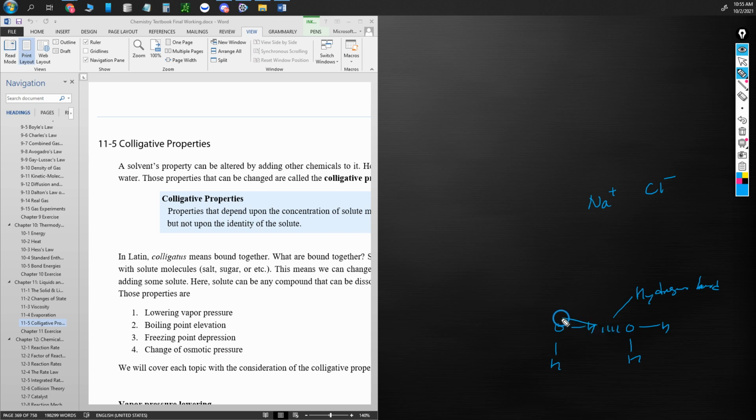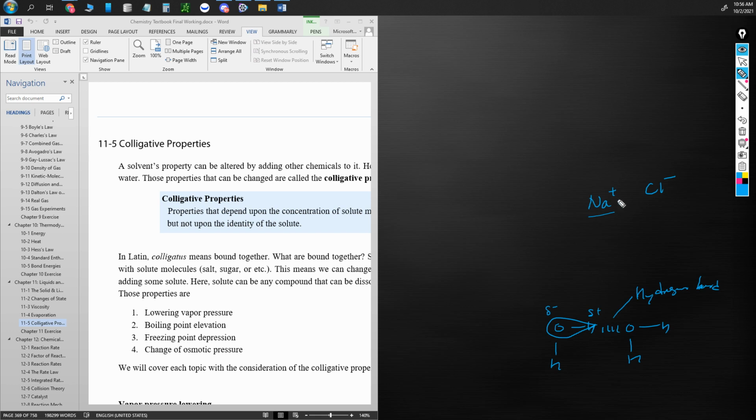You have a high concentration of oxygen, creating a partial negative and partial positive, compared to the salt, which has a full charge of positive and negative. So just by looking at it, this is a much greater force, charge-wise, compared to partial charges, right? Kind of makes sense, right?